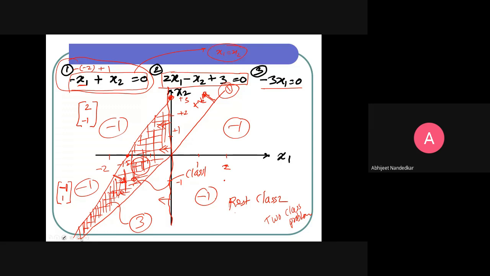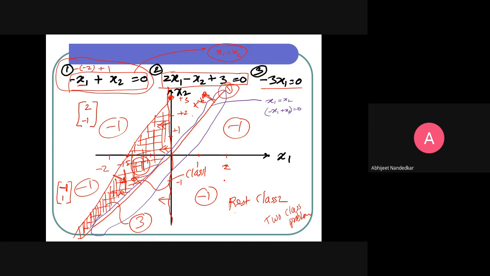So this particular line is x1 equal to x2, or minus x1 plus x2 equal to 0. Now which side of this line will give you positive response? That is the question.